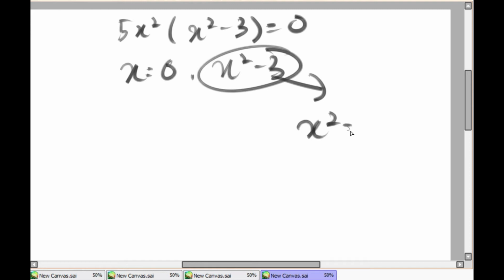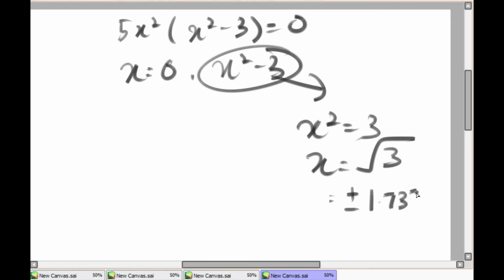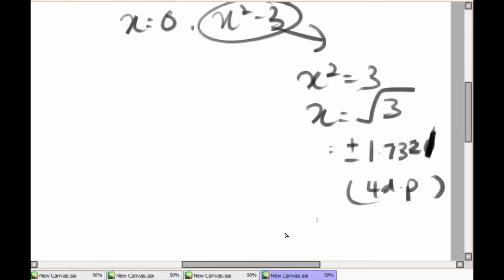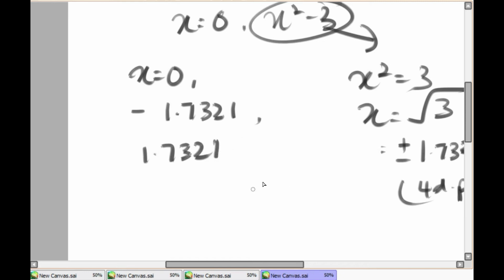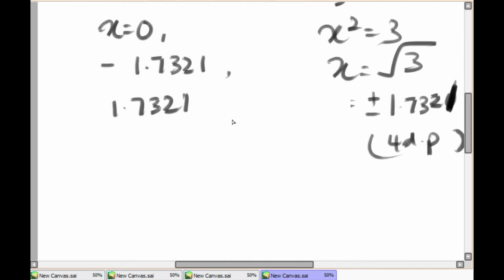So x squared equals 3, which is plus minus 1.7321 in 4 decimal places. Now we've got our 3 points: x equals 0, negative 1.7321, and positive 1.7321. Now we're going to put all these values into a number line.